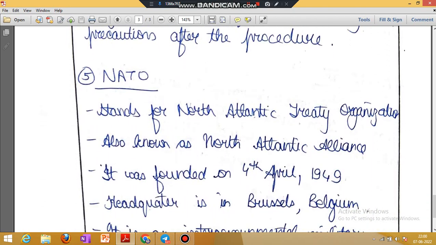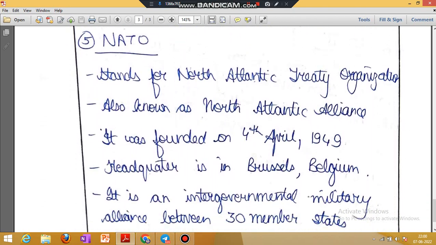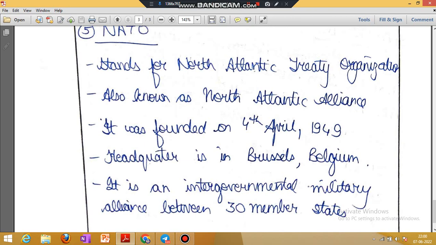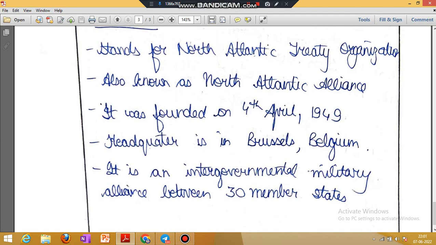And the last topic for the day is NATO. NATO stands for North Atlantic Treaty Organization. It is also known as the North Atlantic Alliance, and it was founded on 4th April 1949. The headquarters is in Brussels, which is located in Belgium, and it is an intergovernmental military alliance between 30 member states.